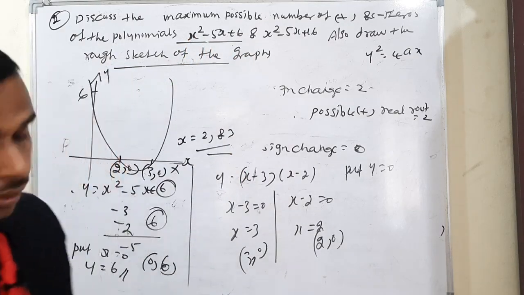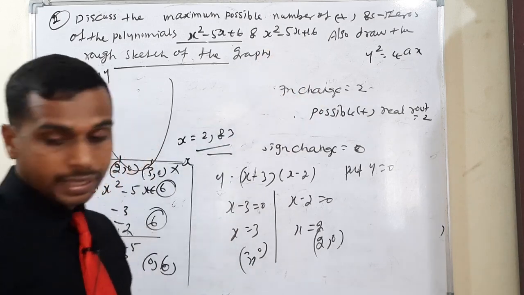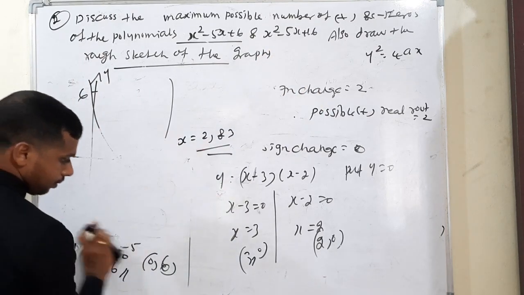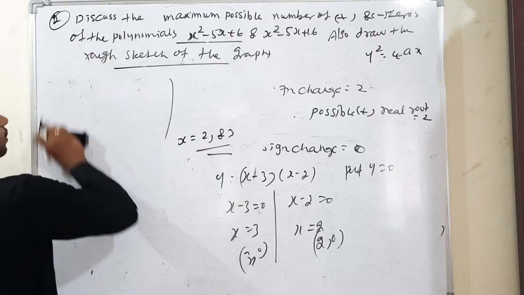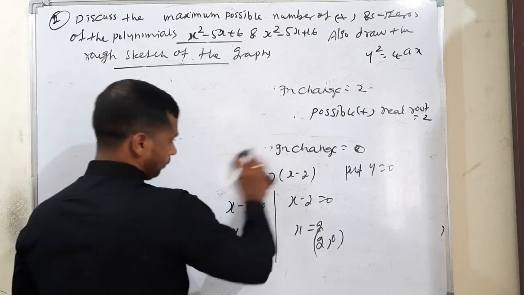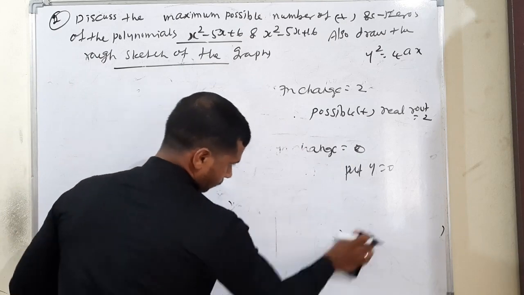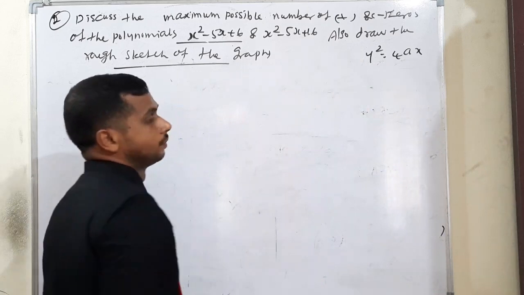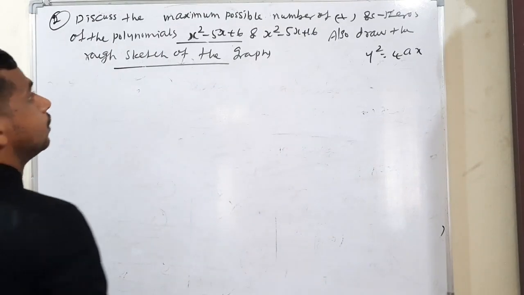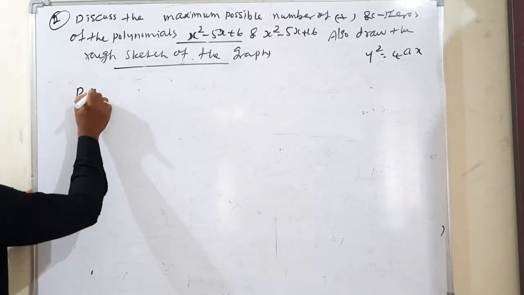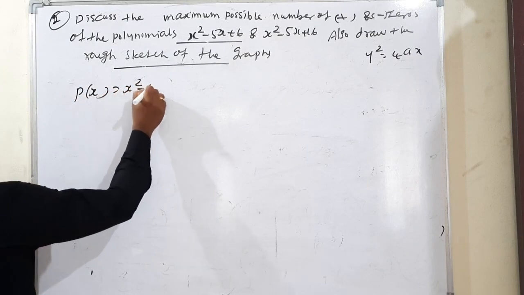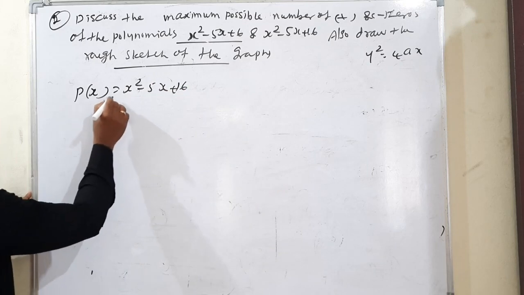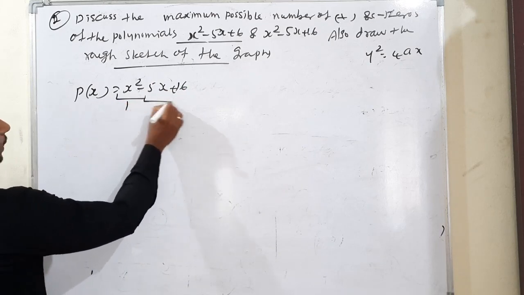Okay, I am moving to term 2. Term 2 means x square minus 5x plus 16. So P of x is equal to x square minus 5x plus 16. Okay, this has one sign change from positive to negative, and one sign change from negative to positive.